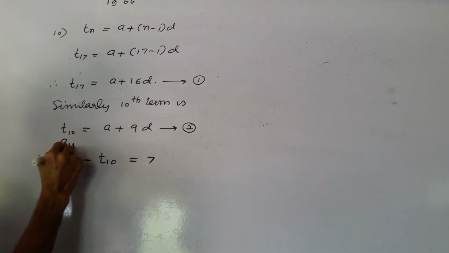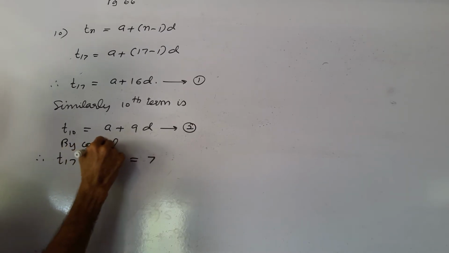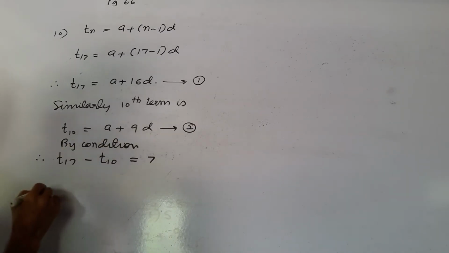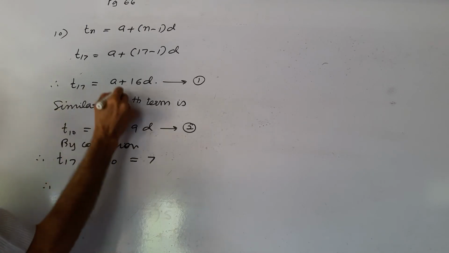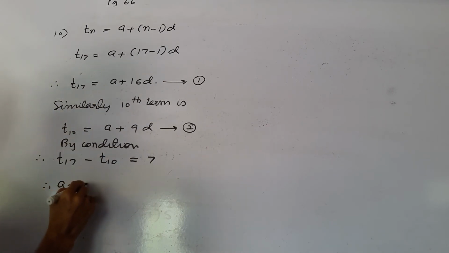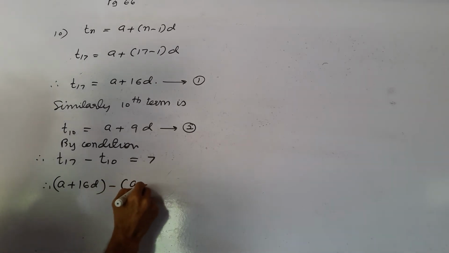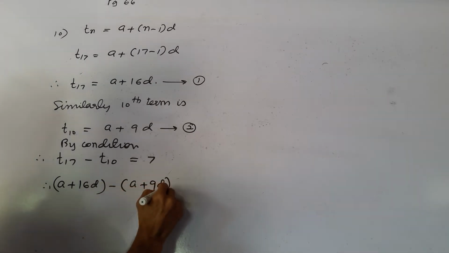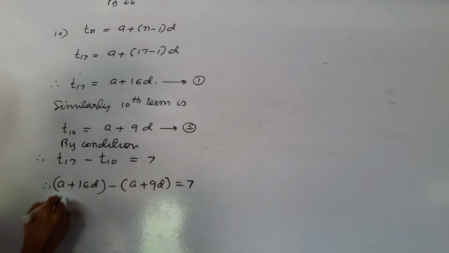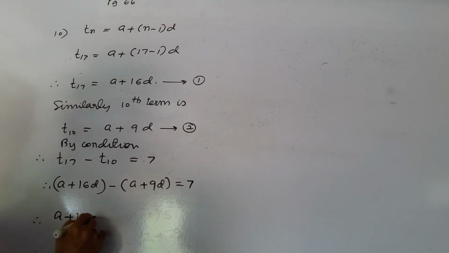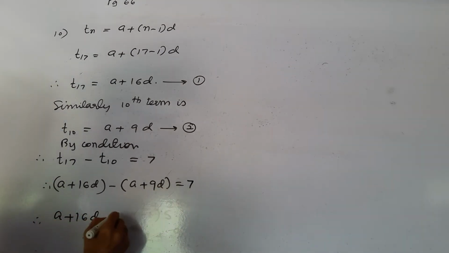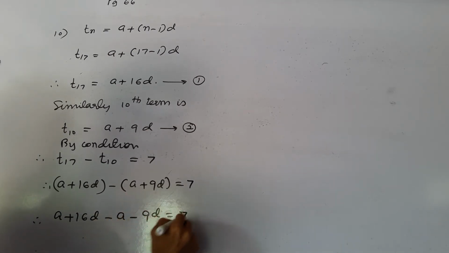So T17, a plus 16d, minus T10, a plus 9d, is equal to 7. Change the sign in the bracket: a plus 16d minus a minus 9d is equal to 7.